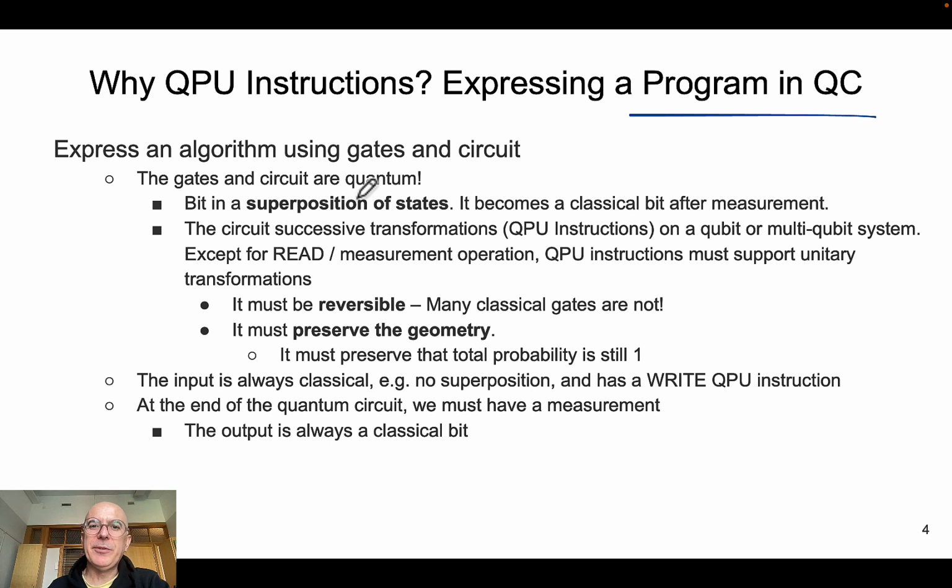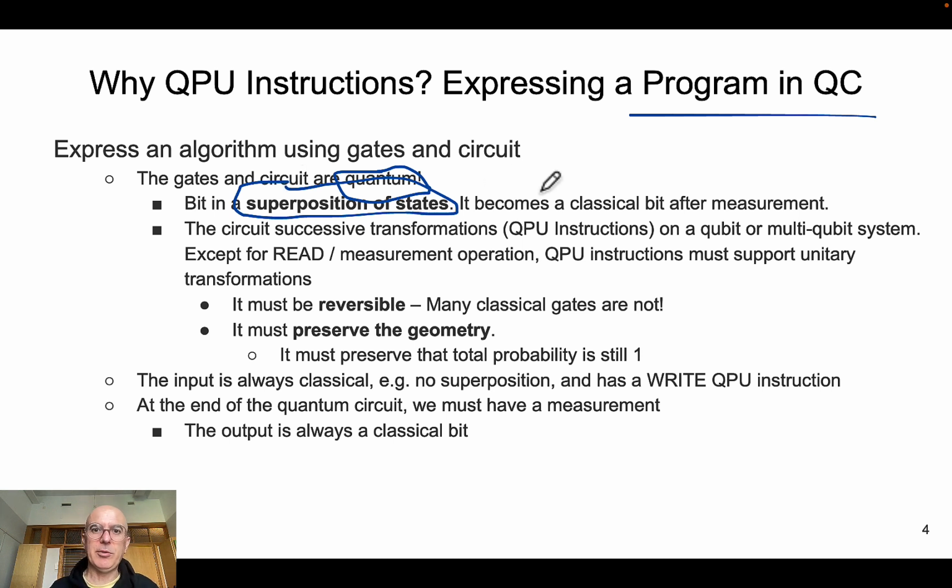However, the major difference that we're going to exploit is that these gates and circuits are quantum, so we will need to obey the laws of quantum computing. In particular, the fact that we use a quantum bit, or qubit, instead of a bit allows us to access a very powerful concept: superposition of states.